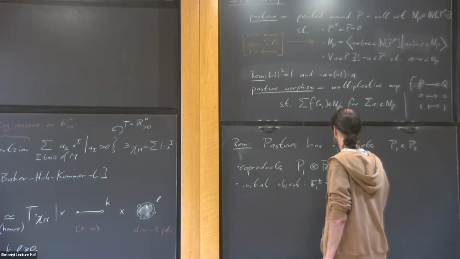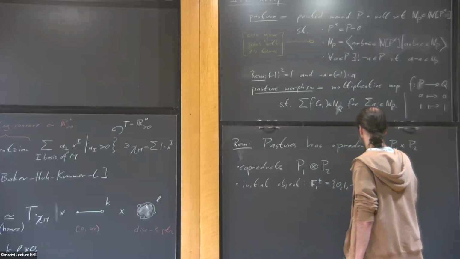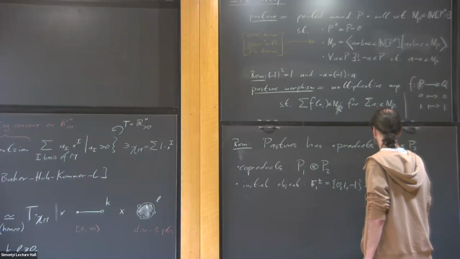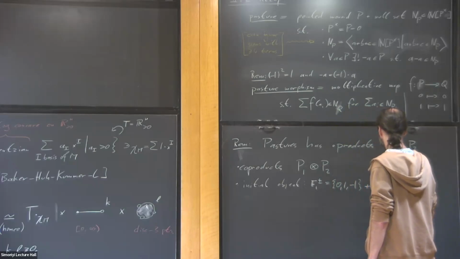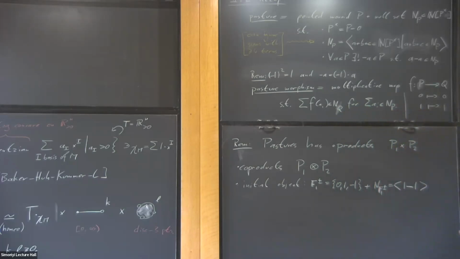And this, just to repeat it, has three elements: 0, 1, -1. And the null set of F_1^± simply is generated by this one relation, 1 - 1, and then we take multiples of this relation.